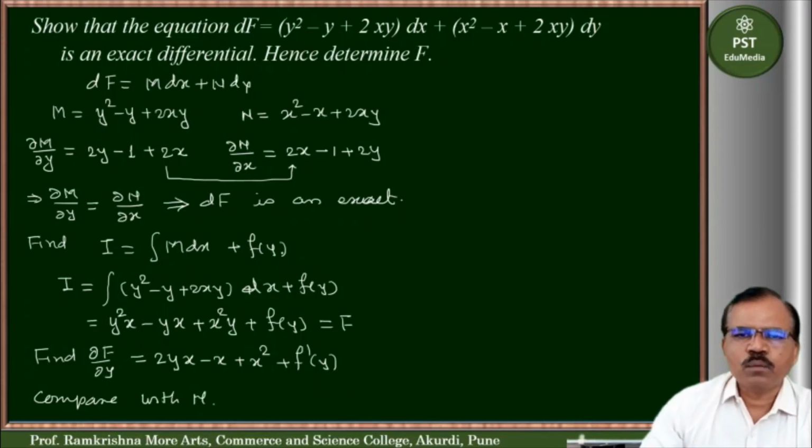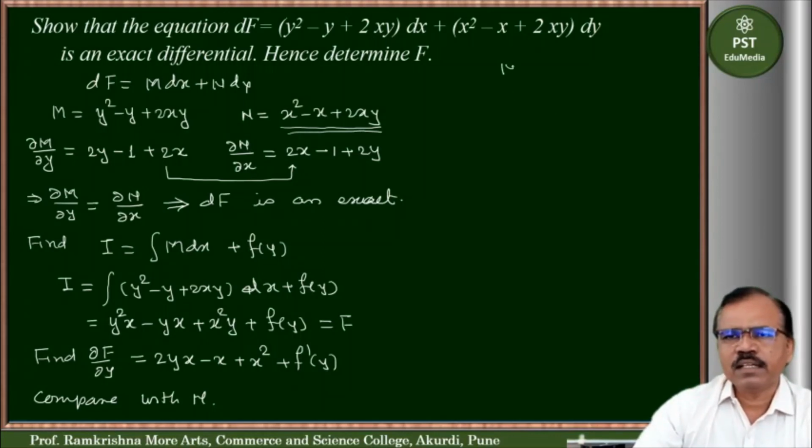Now we know n is equal to x square minus x plus 2xy. For the potential function, n will be equal to ∂f/∂y. So if we compare ∂f/∂y with n, you will observe that f dash y will be equal to 0. So ∂f/∂y will be equal to 0.